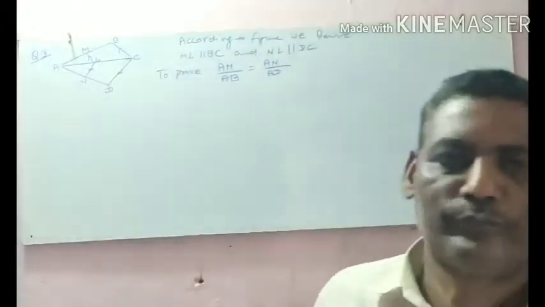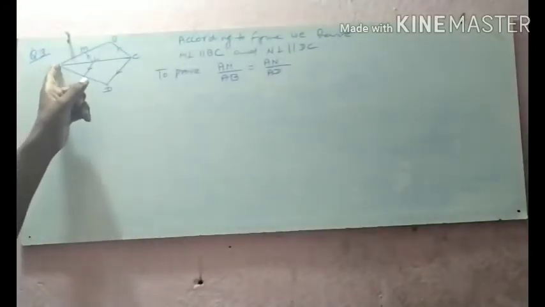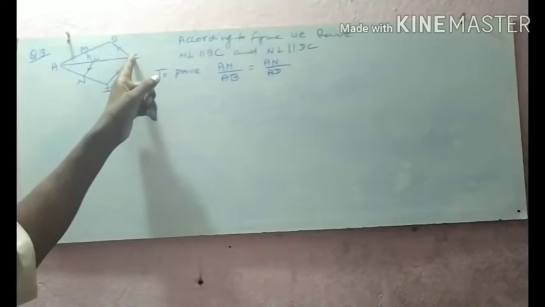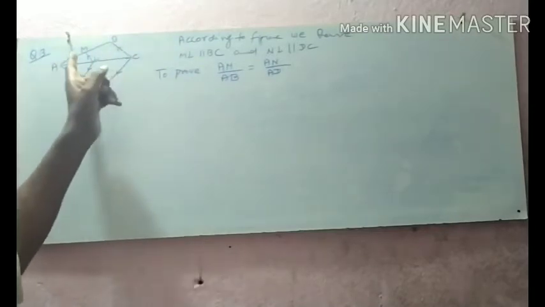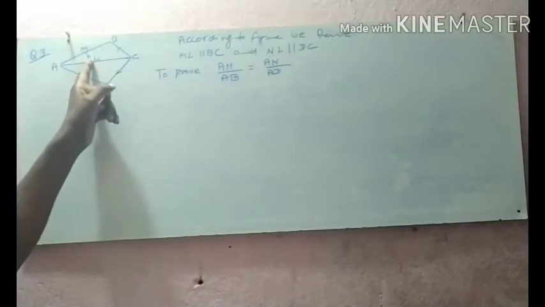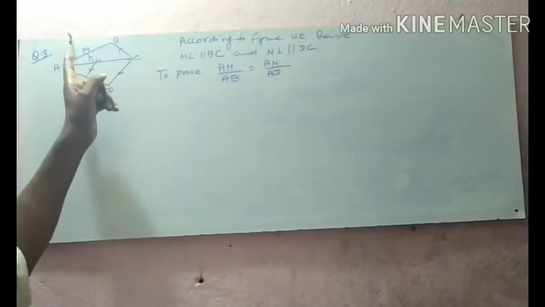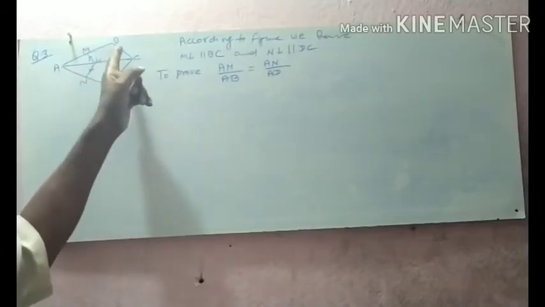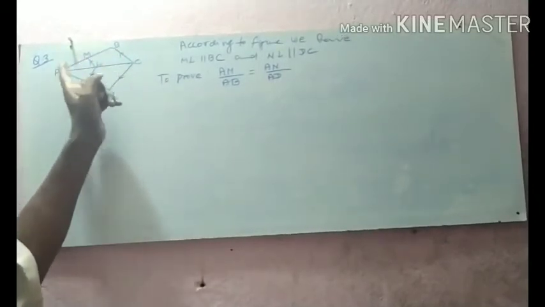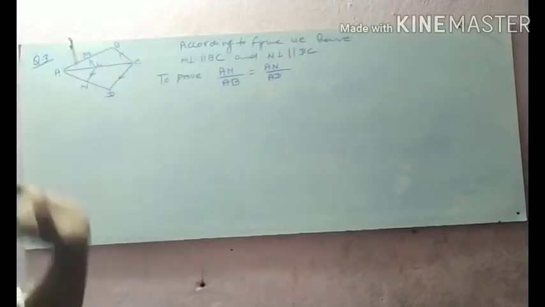Here we see that in the figure, let ABC be a triangle and ML is a line which is parallel to BC. Therefore, by using Thales theorem, we can say that AM by AB is equal to AL by AC.